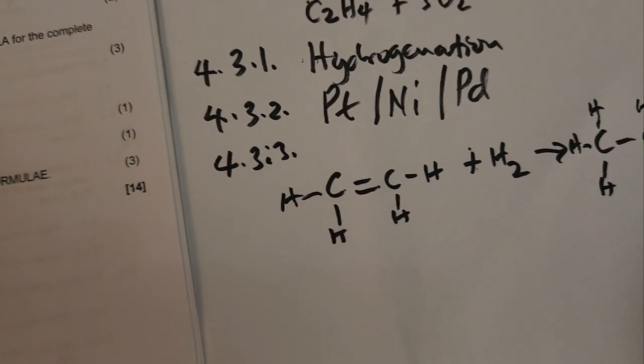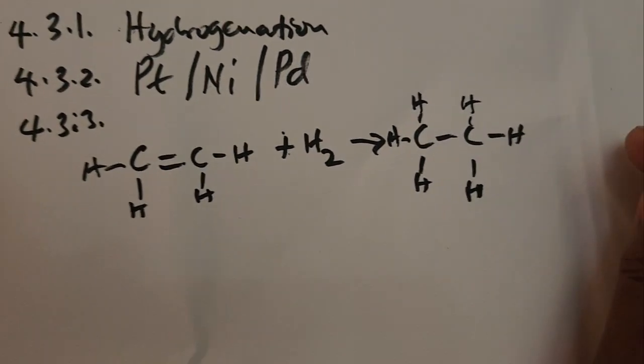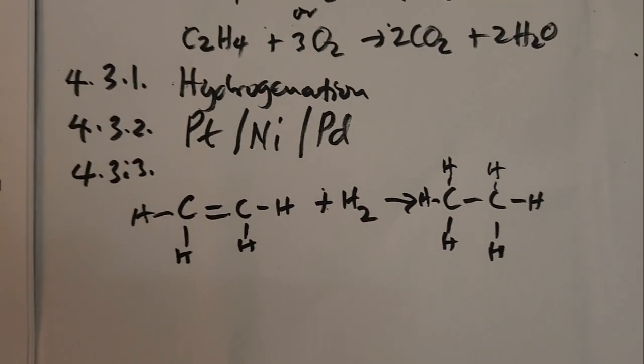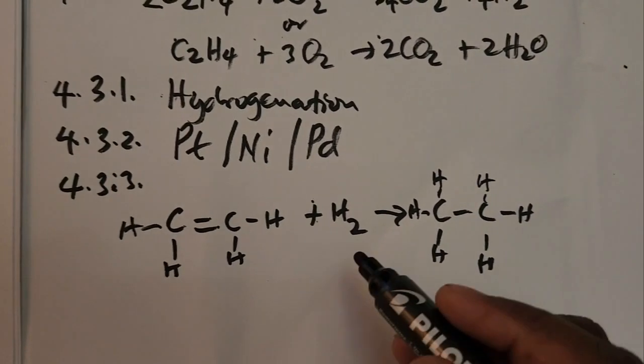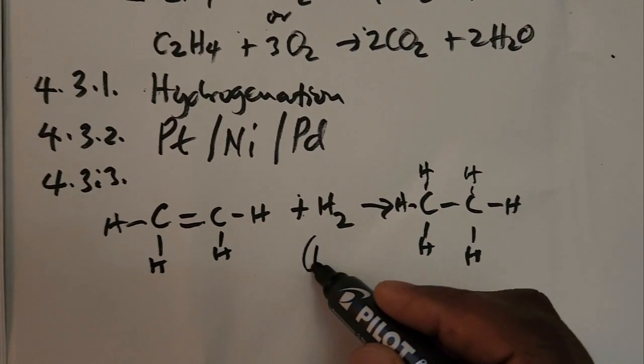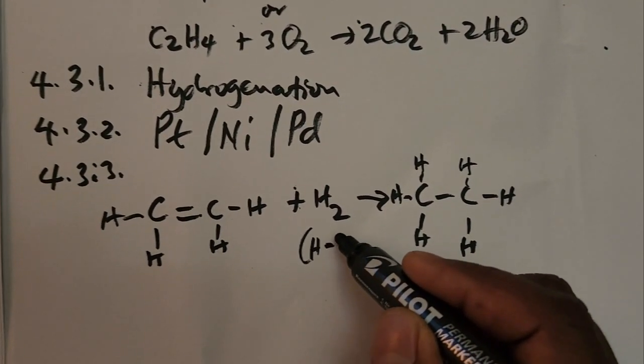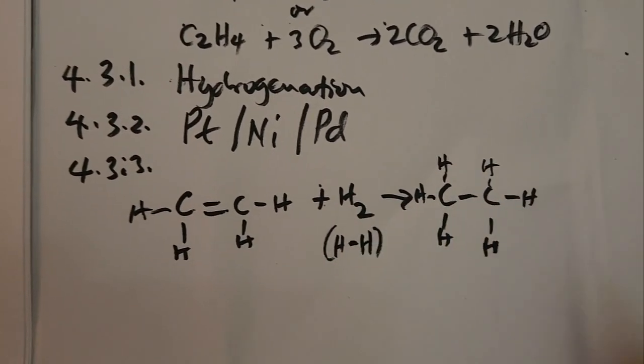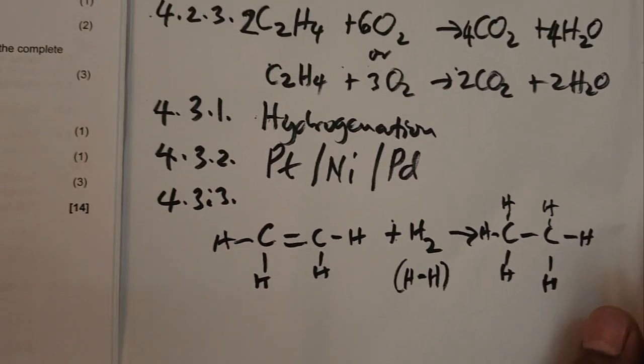That is the balanced equation using the structural formulae. No problem. Remember, in the case of hydrogen, you can accept if a learner just writes H double bond H. Though it's inorganic, it just has to be H2.